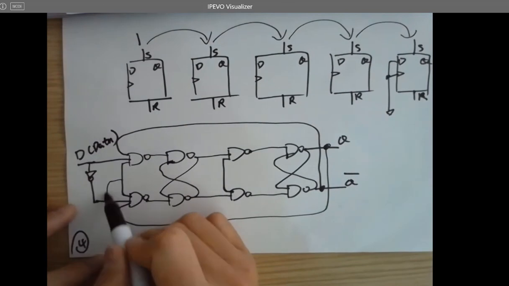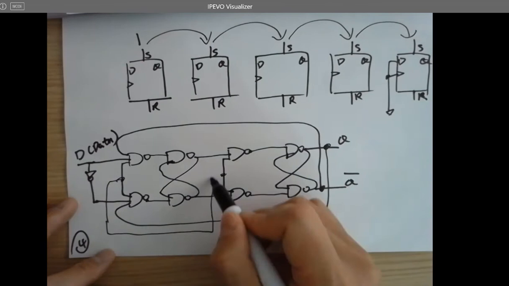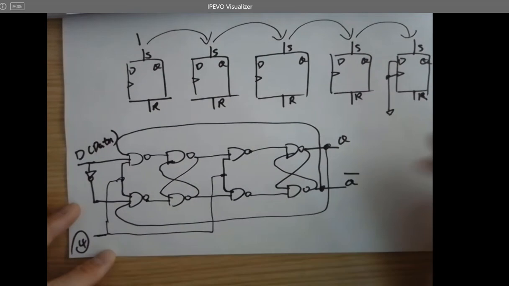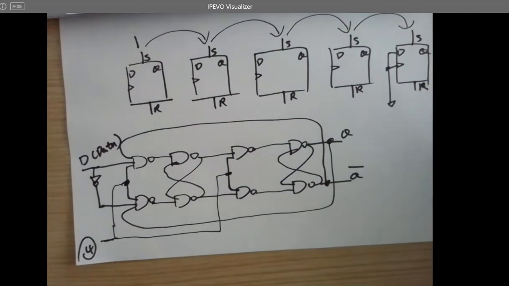So we need a clock. How do you want to modify the clock to make it rising edge? Falling edge will sample the data, and rising edge will send it to Q.